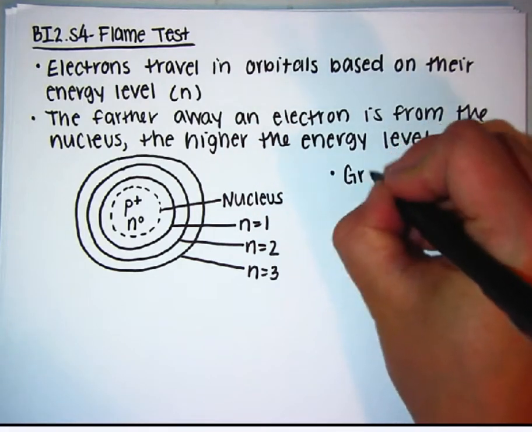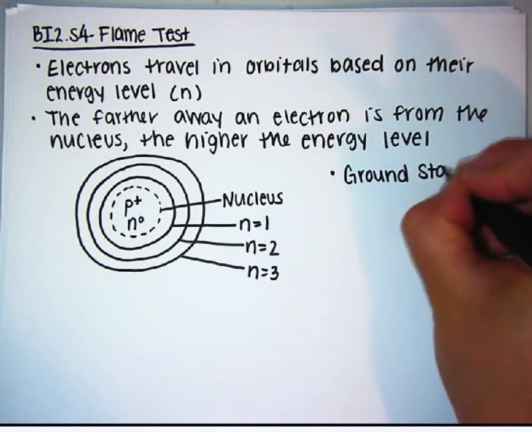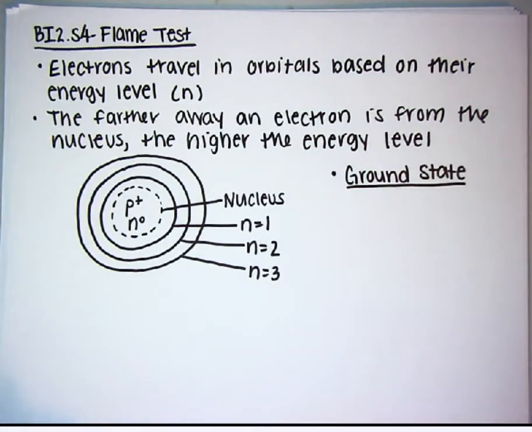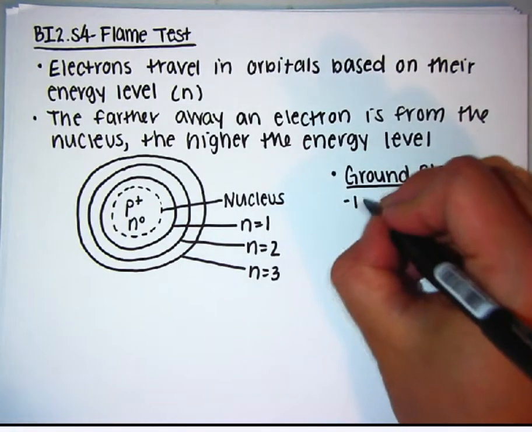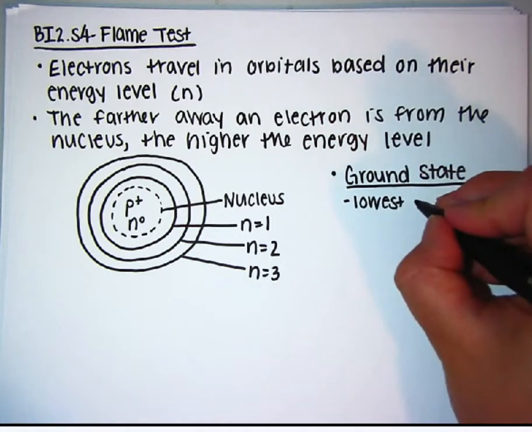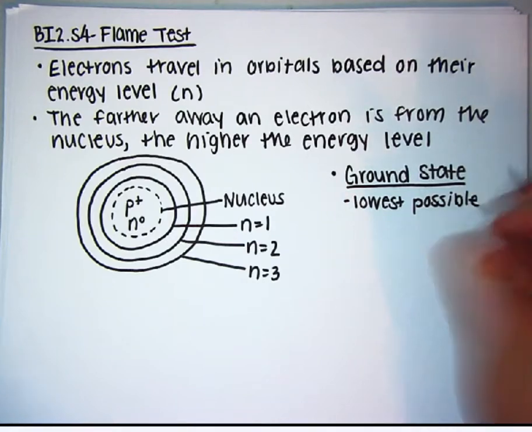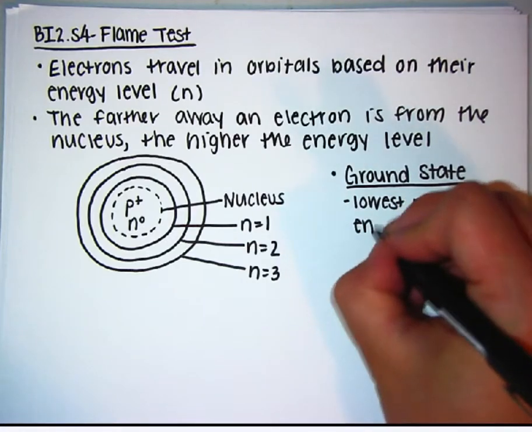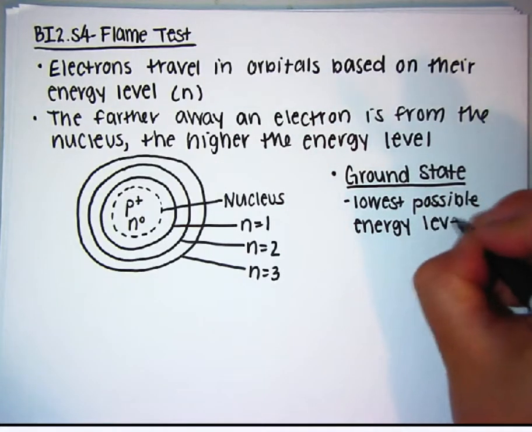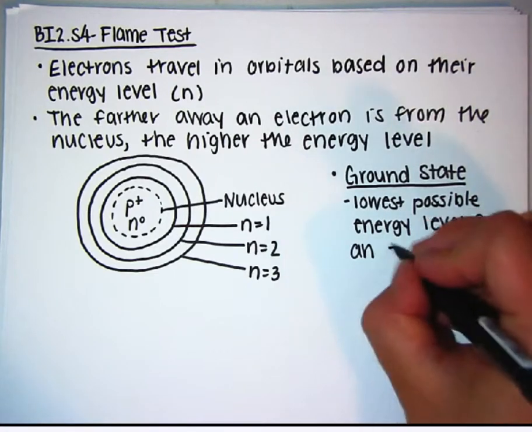There is something called the ground state. The ground state is the lowest possible energy level for an electron.